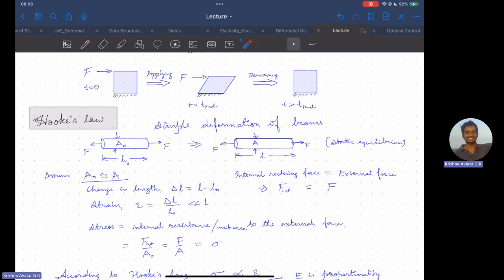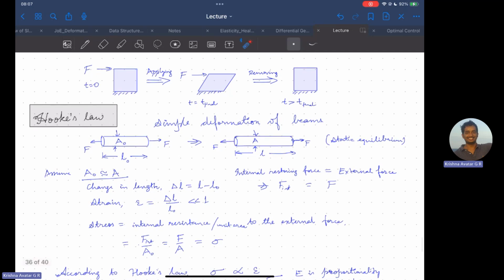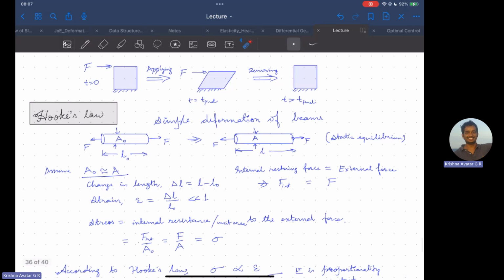So this can be either a beam or a bar, but typically we would like to call it a bar since right now it's only under extensional load, or load along its longitudinal axis. We have this structure with uniform cross-sectional area A naught and length L naught.